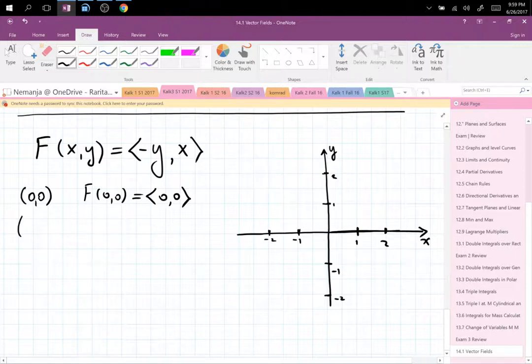All right, so let's see what's happening at 1, 0. So that's this point here, 1, 0. So vector f, 1, 0. So we plug in 0 for y and 1 for x, and I get 0, 1. That's this guy.